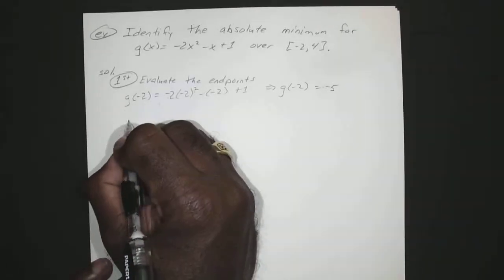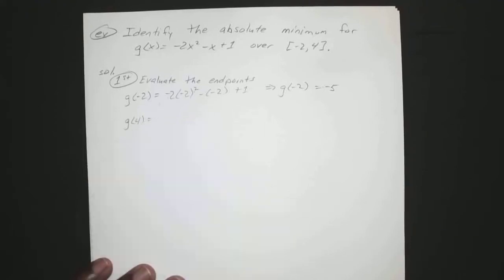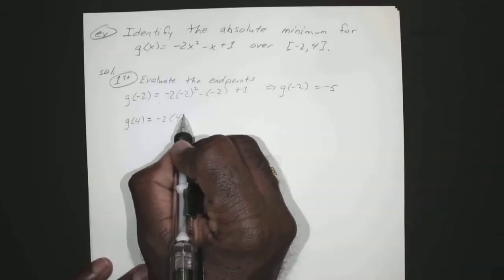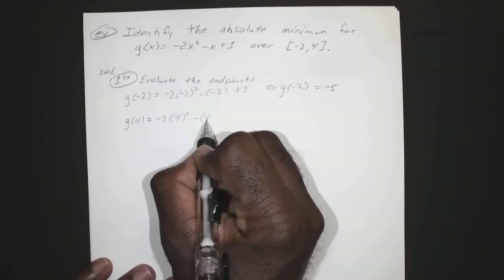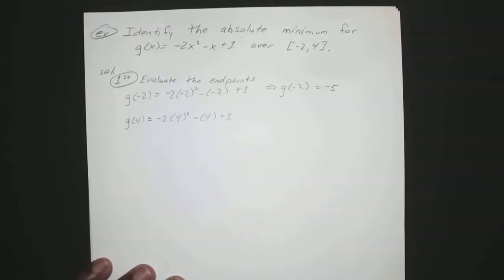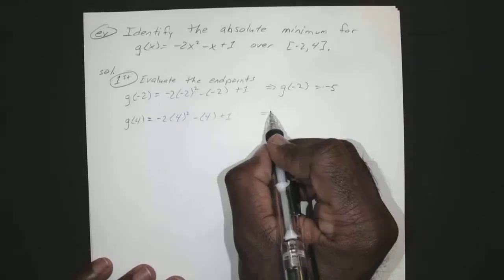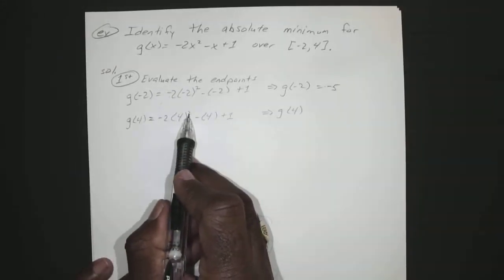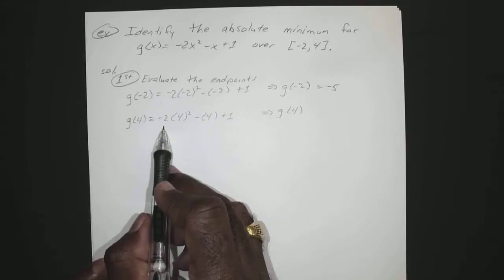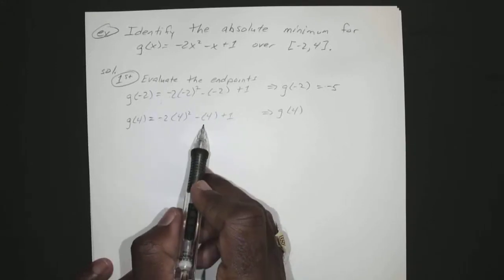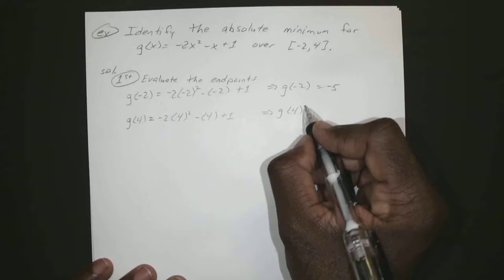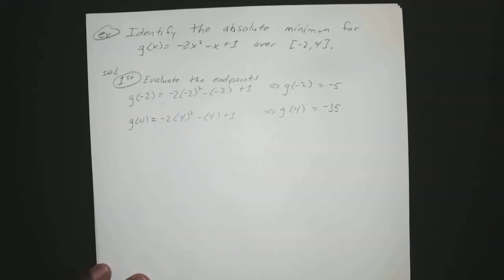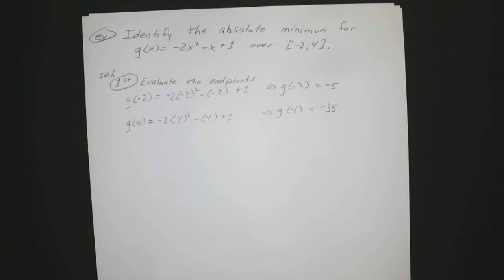Okay, and g of 4 is equal to negative 2 times 4 squared minus 4 plus 1. So 4 times 4 is 16, so you have negative 32. Negative 36 plus 1 is negative 35. Okay, so we evaluated our endpoints.